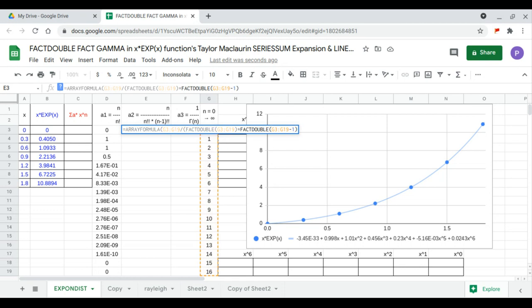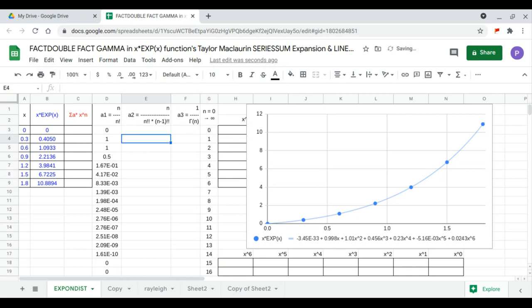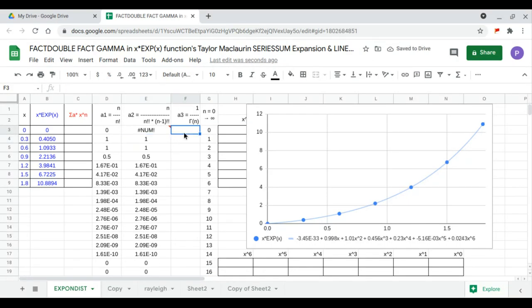So minus 1 factored in. And finally, the gamma function, which is array formula 1 over gamma of the n values, and enter.